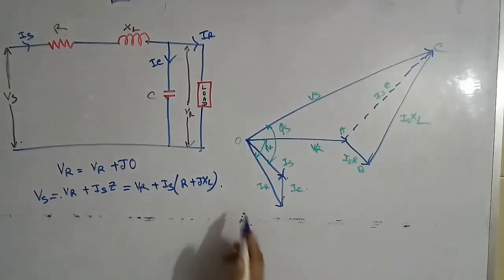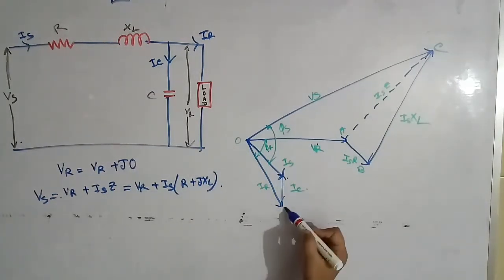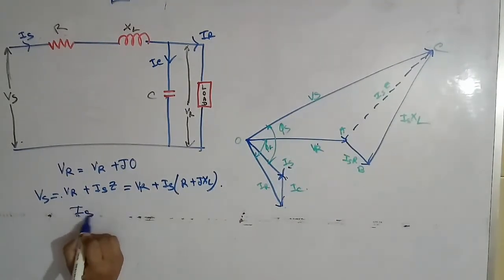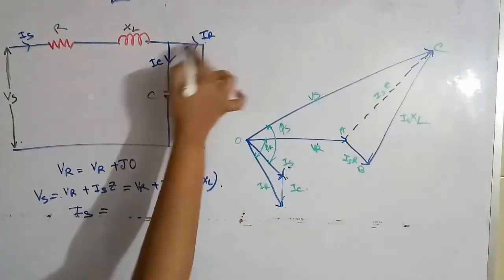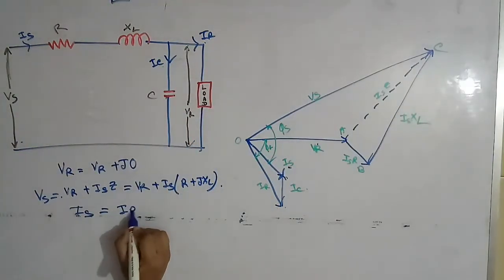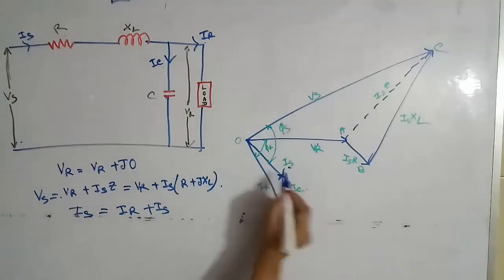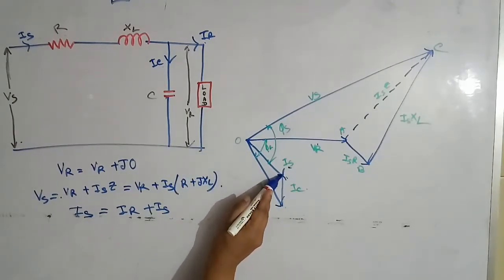So IR plus IC equals Is, the resultant current.